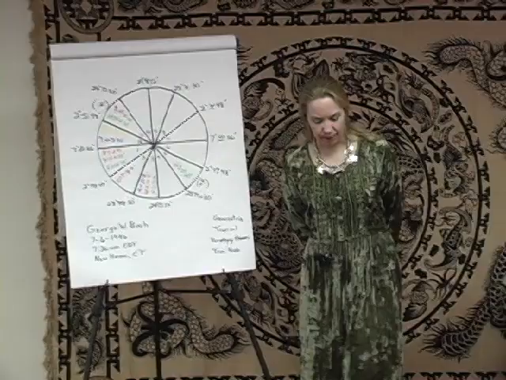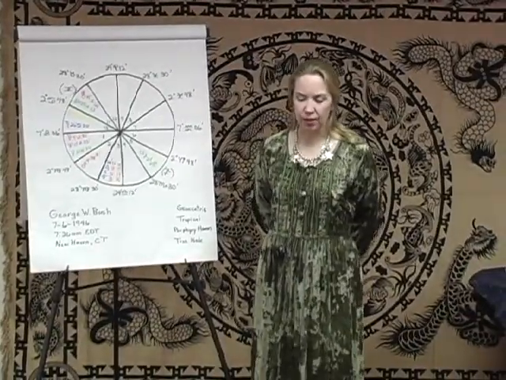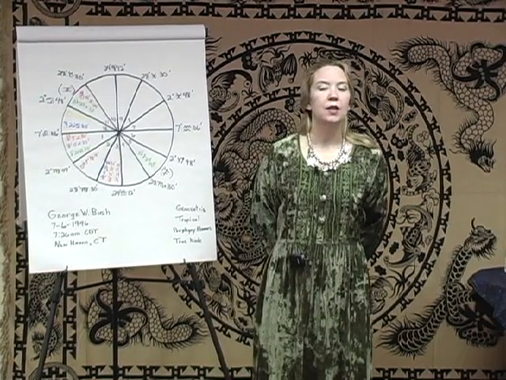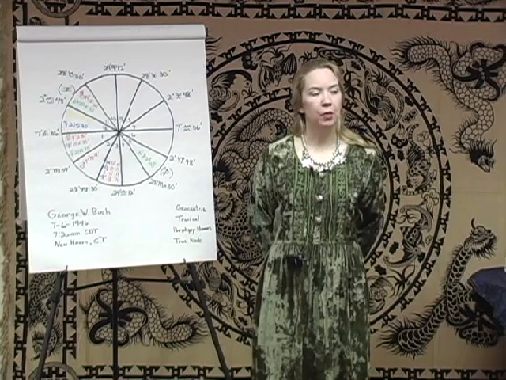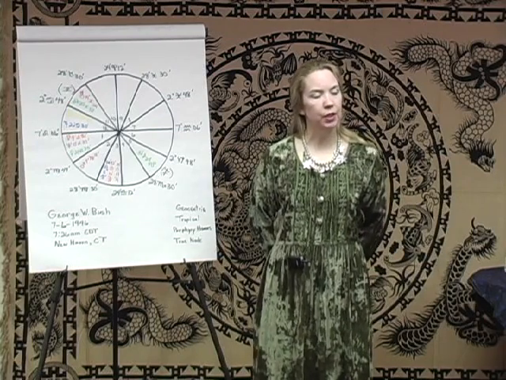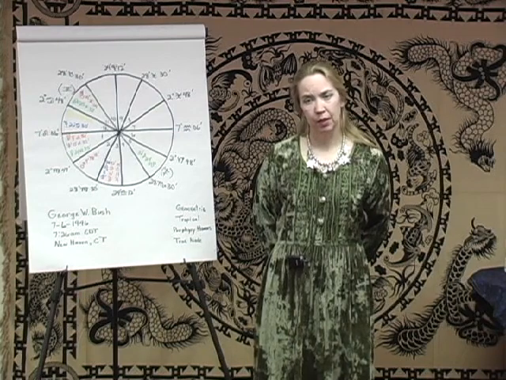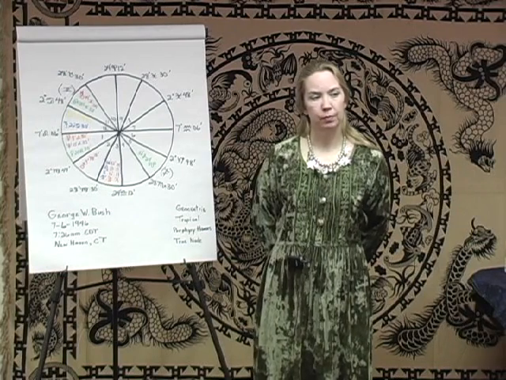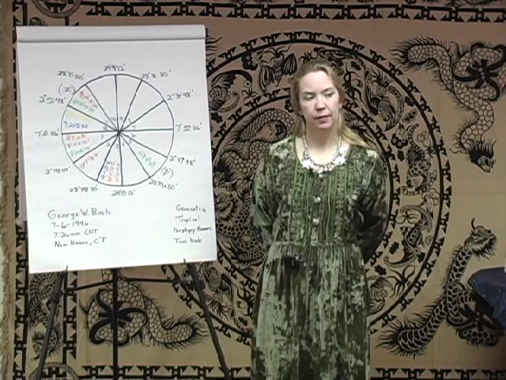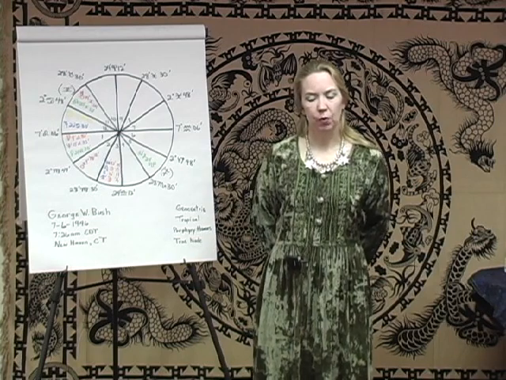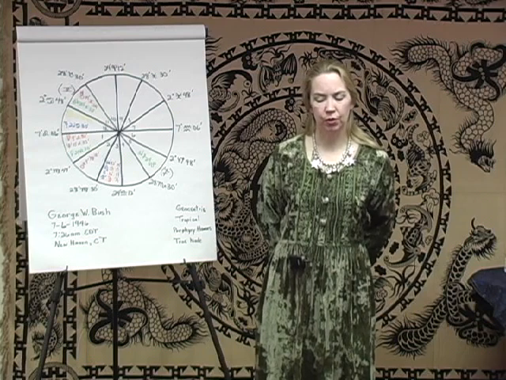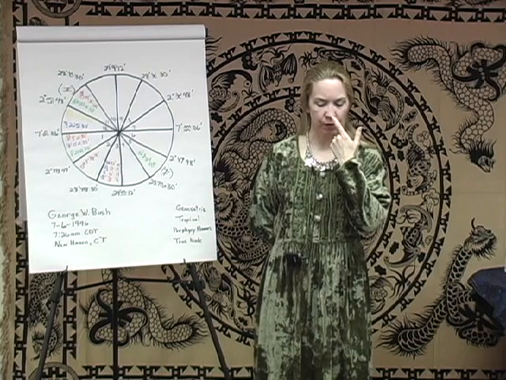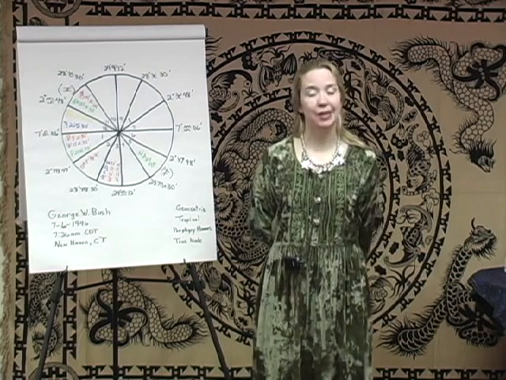One of the other things that Jeffrey found through observation and correlation with charts is that we could determine how many lifetimes a soul has been working on a particular lesson by observing the phasal relationship that Mars makes to Pluto. Mars's relationship to Pluto tells us how many lifetimes a soul's been working upon those particular lessons.